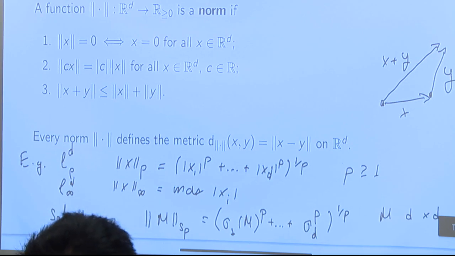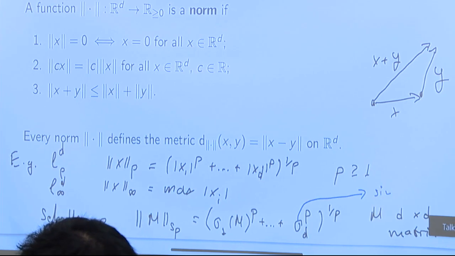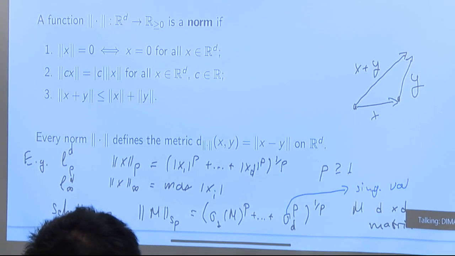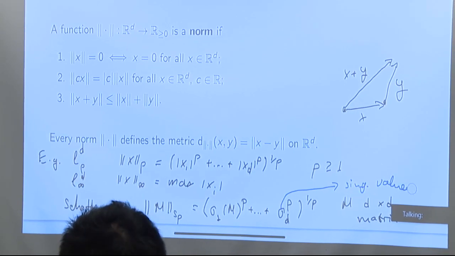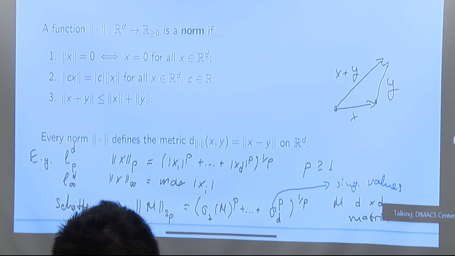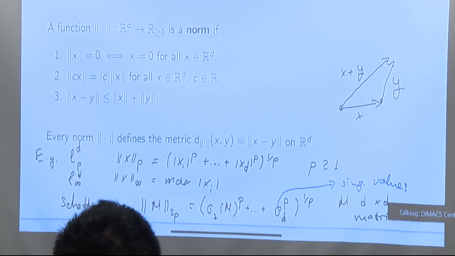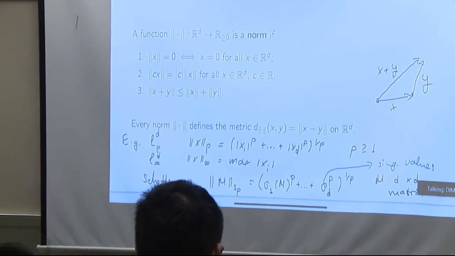Here, M is a D by D matrix. And this is the singular values. All right. This turns out to be a norm. Verifying the properties is not hard, but it's also not completely trivial. Okay.